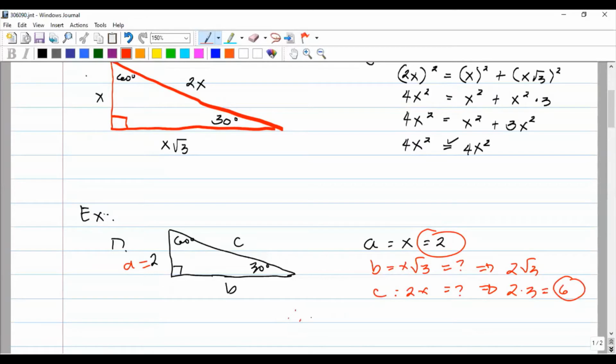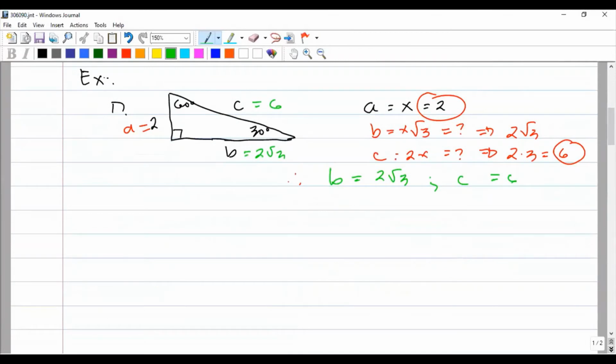Therefore, side B could be 2 square root of 3, and side C is 6. So that's how we use our 30, 60, 90 triangle.